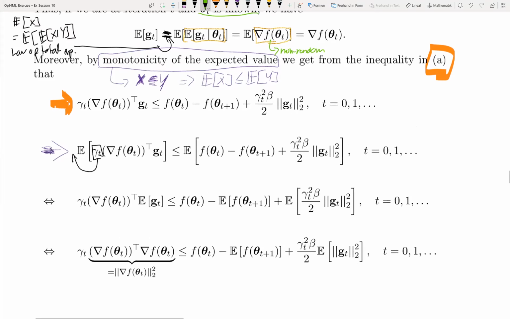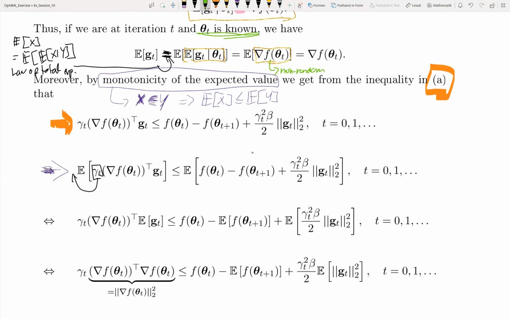So if we are in the case that theta t is known, this here is again something non-random, and computing the expected value of an inner product of something non-random and something random is the same as if you would compute the inner product of this non-random thing and then apply the expected value to the random thing inside that. Yeah, this is what we get here. So we can also write this in front of that.